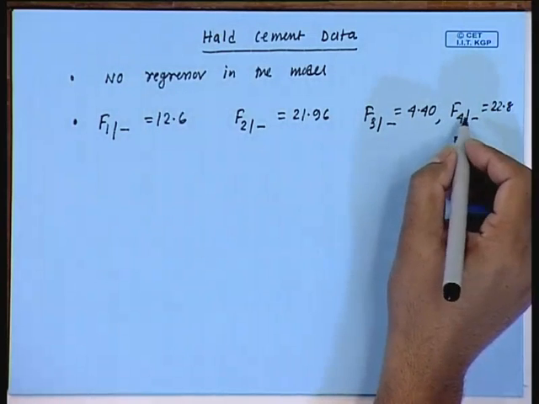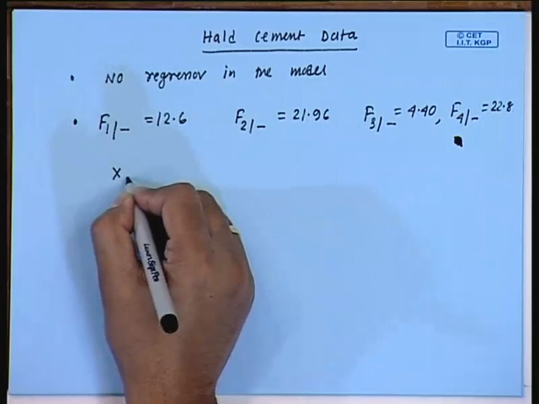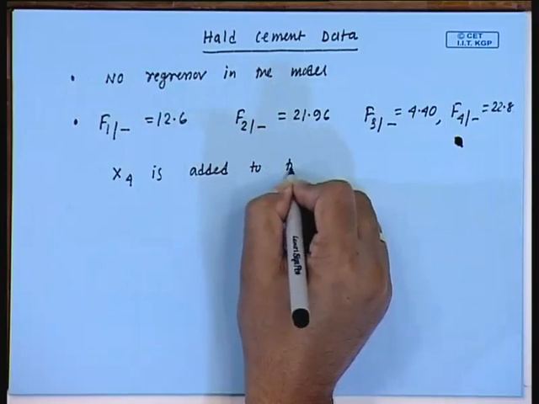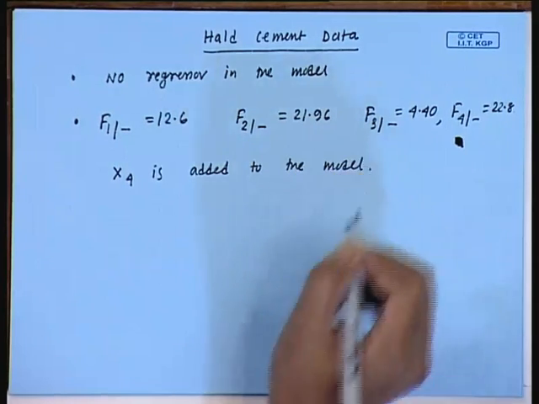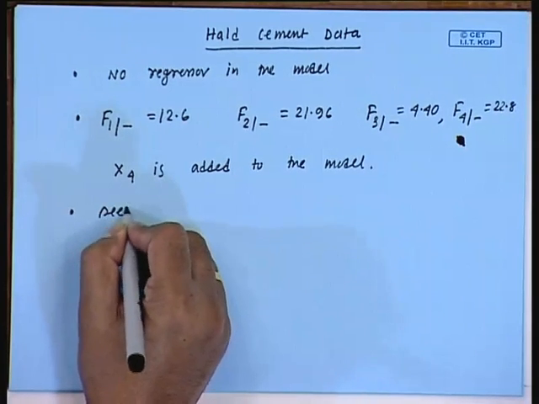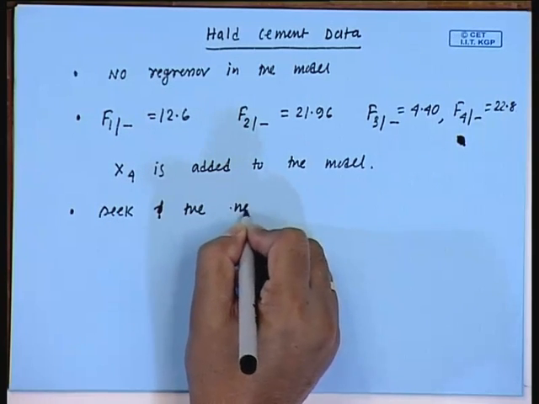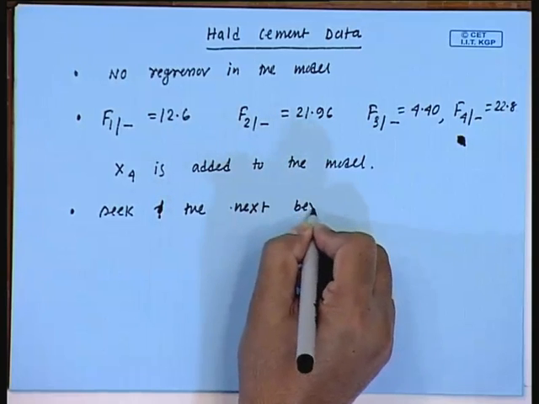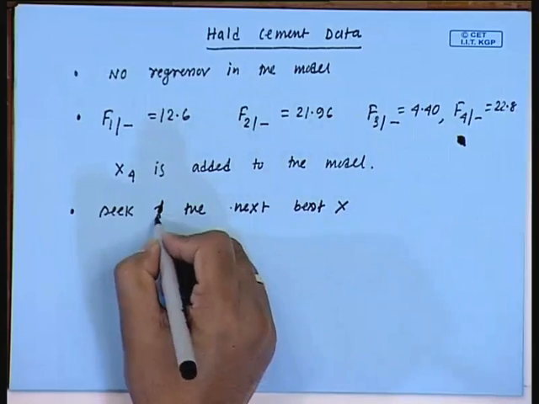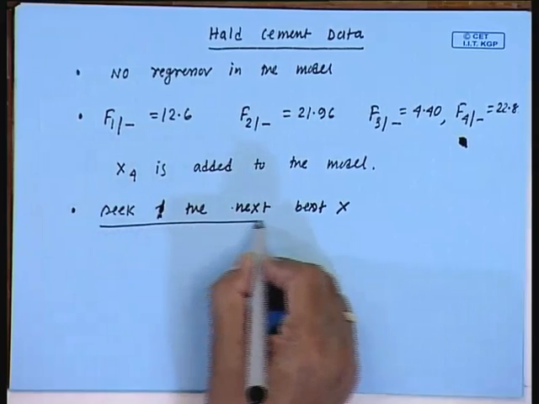Since the F statistic associated with x4 is highest, x4 is added to the model. Now, next we seek the next best x. So, x4 is already there in the model. Which one is the next best that can be added to the model?